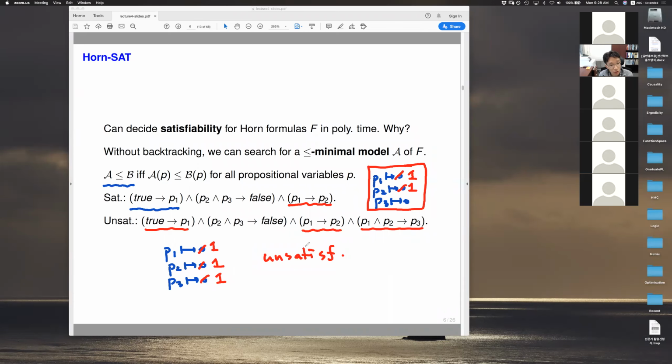But at some point, it finds some clause which it can't satisfy by changing the value of a propositional variable from 0 to 1. You stop and say unsatisfiable. So that's how this algorithm is working. Let me tell you a bit more about this algorithm.